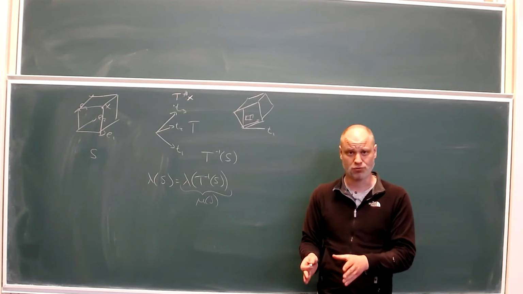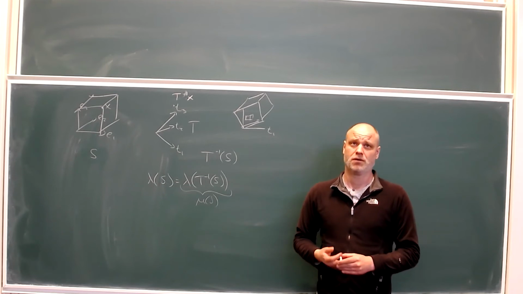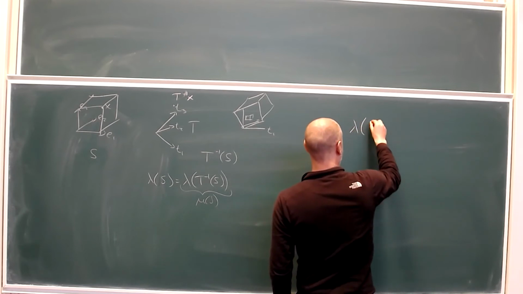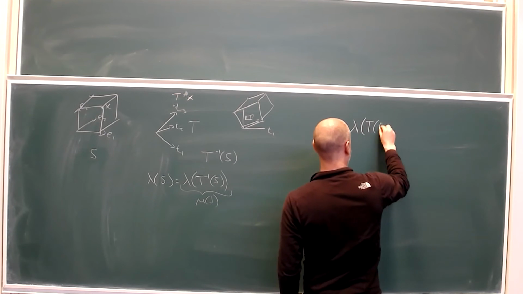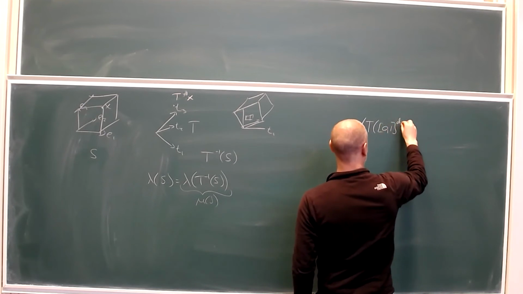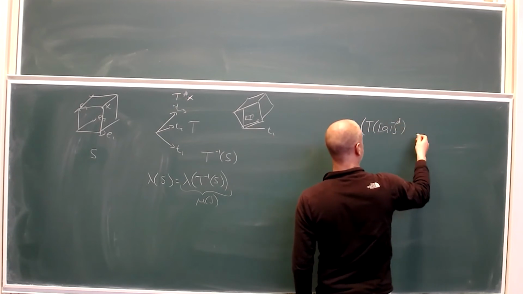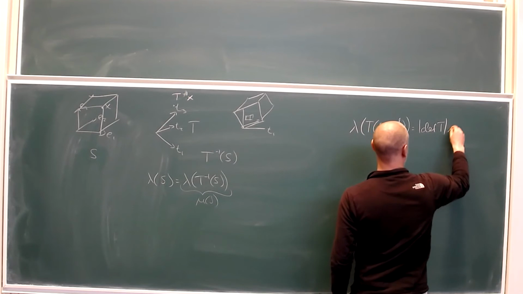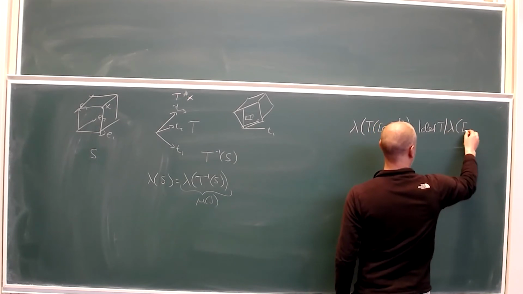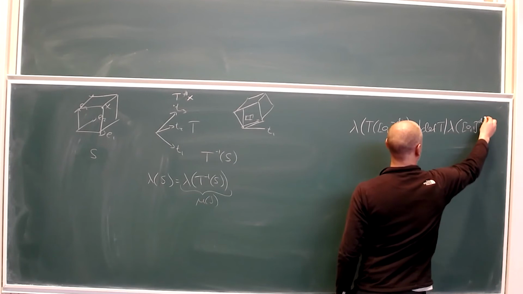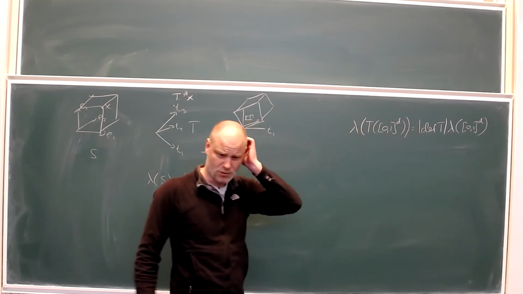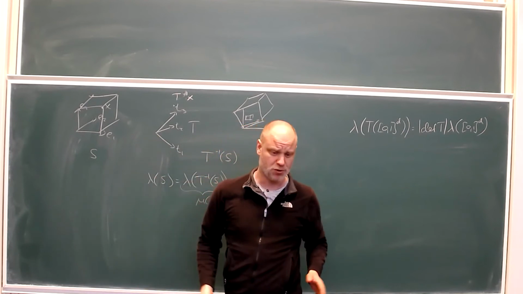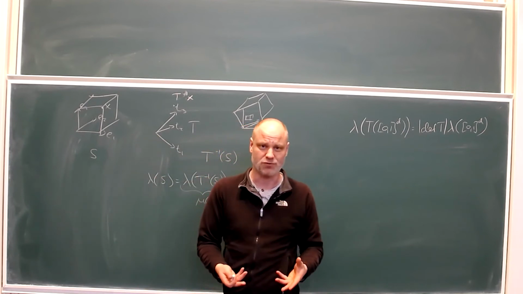In the book, there is a proof of what we're trying to establish here, basically that lambda of T of the unit cube, or some other set, is equal to the modulus of the determinant of T times the Lebesgue measure of that set, in this case the unit cube. And this is what we need now. So we can prove that without doing this change of basis argument. There's a proof in the book based on induction, but you don't get a feeling for it.